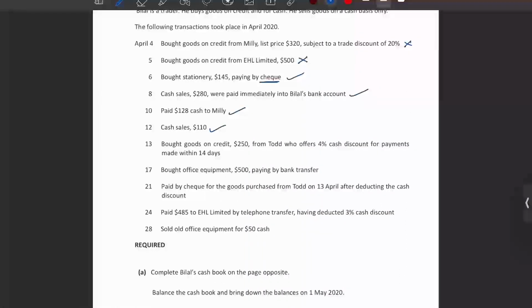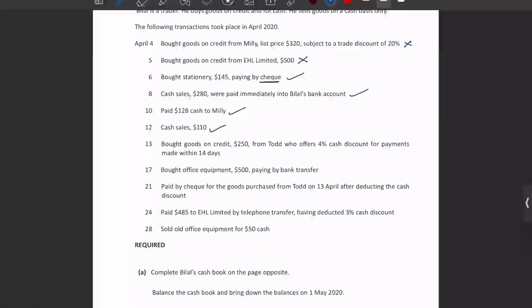Tell me what to do. Bought goods on credit. You're buying on credit. When you buy on credit, do you make any payments?